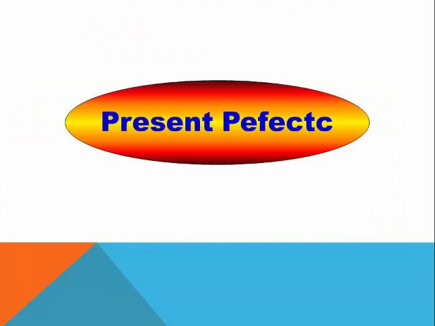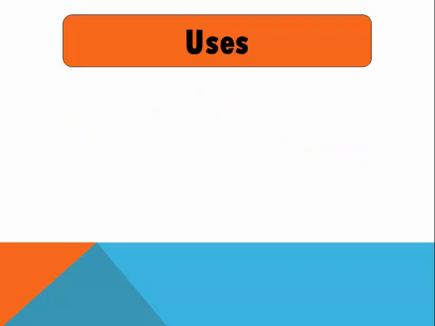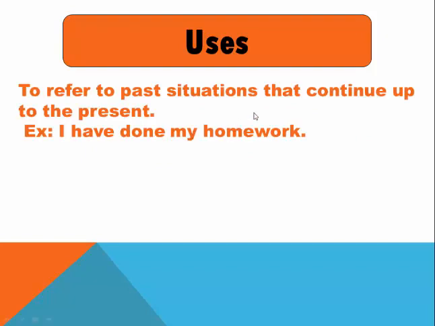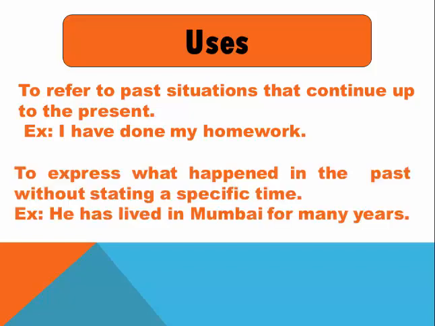Now, we are going to learn about the present perfect tense. Present perfect tense describes those actions that were started in the past but continued in the present and just finished at this moment. It's not going on now, just finished just before the present time. For example, I have done my homework.